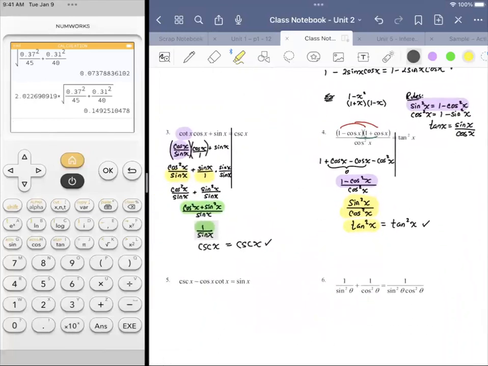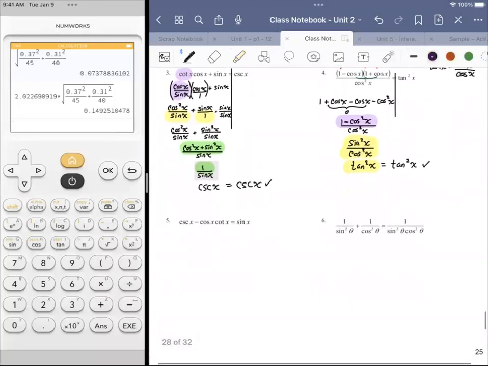Number 5, same idea really as number 3, where I have more stuff going on on the left-hand side and not much going on the right-hand side. So I'm going to look at the left side. Impenetrable barrier.